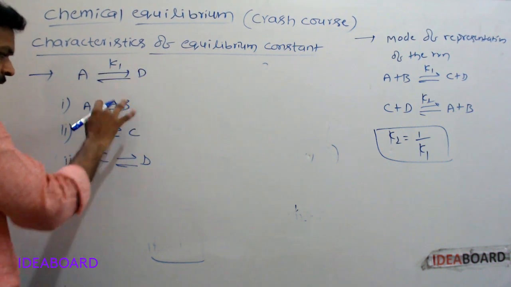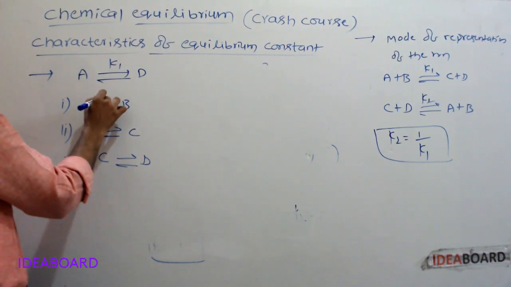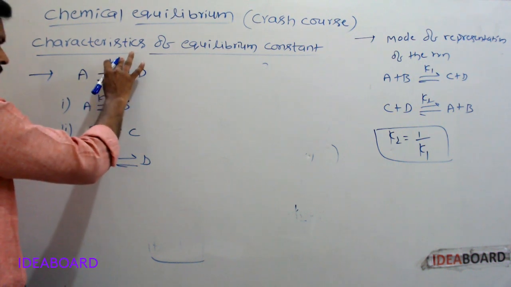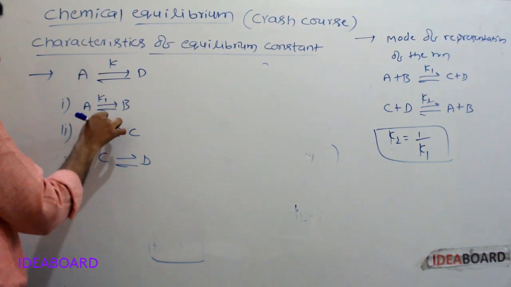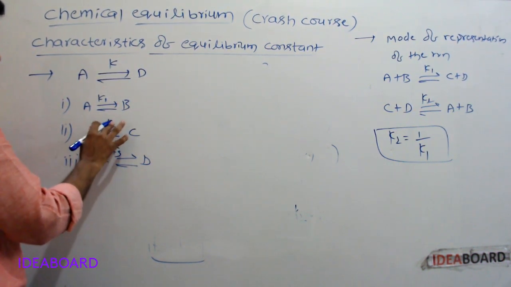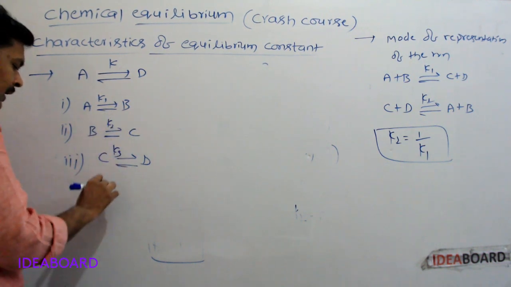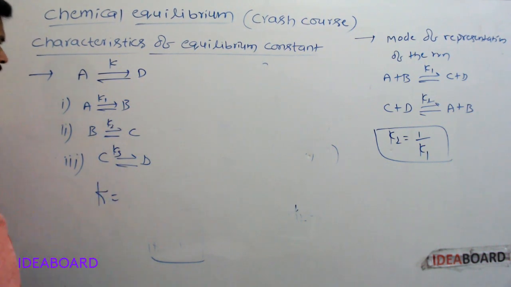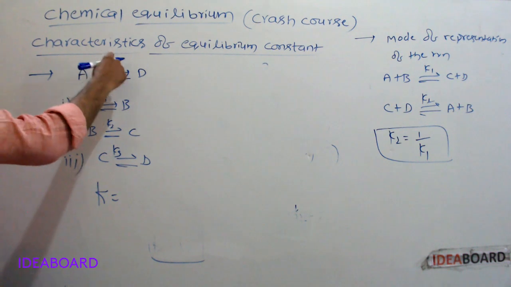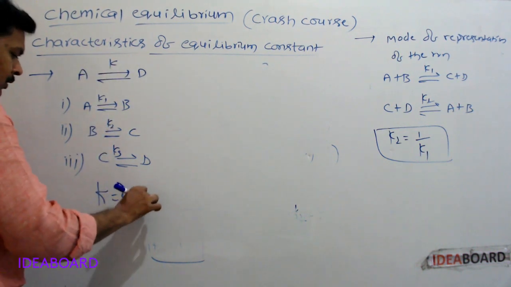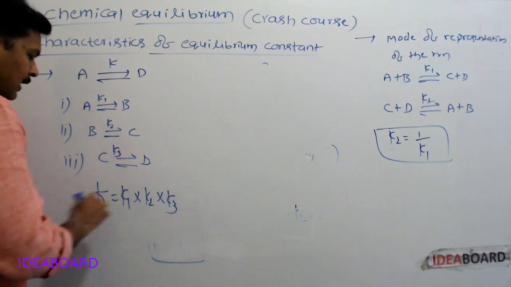This reaction takes place in 3 steps. I am taking K1, K2, K3 for these. Then the overall equilibrium constant K is equal to K1 into K2 into K3.